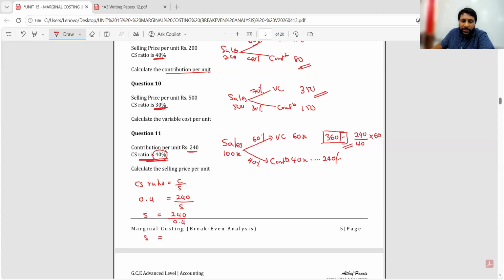Then S equals how much, people? 600. S equals 600. So S minus VC is the contribution. S is 600, contribution is 240. Can't you find the variable cost? 360. So this is another way.